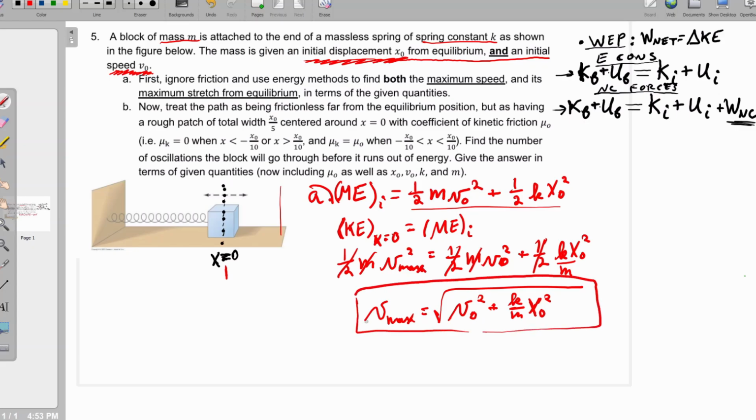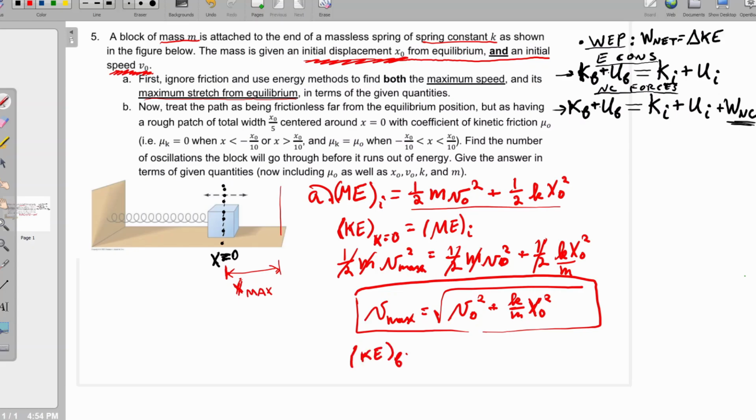Not too bad. Now, we are also asked to find the maximum stretch from equilibrium. At the maximum stretch from equilibrium, right, there, we will have a velocity of 0 at, say, x max. We'll have velocity 0. So then my mechanical energy will be entirely made up of elastic potential energy.